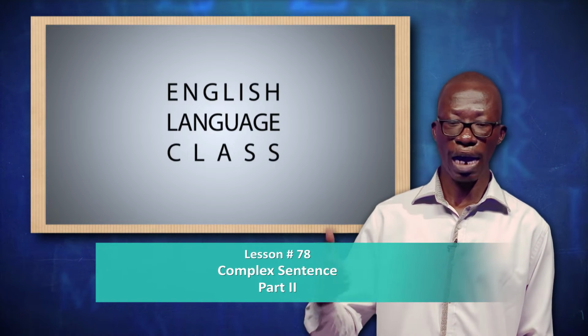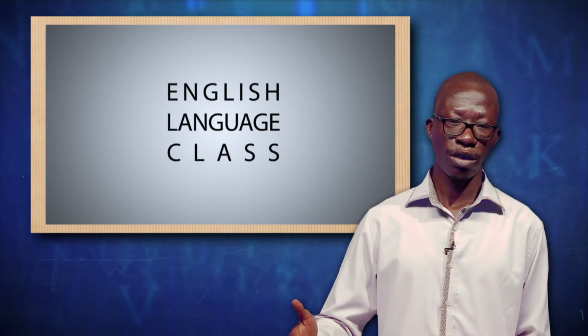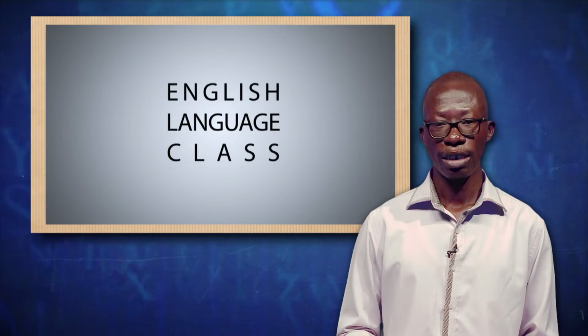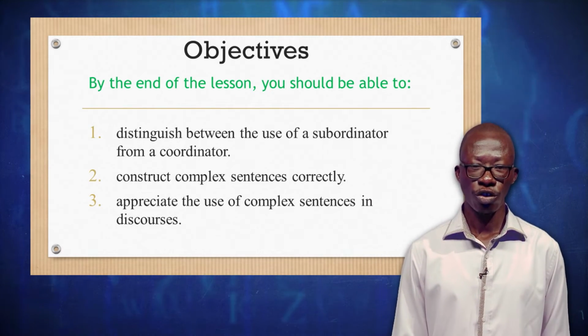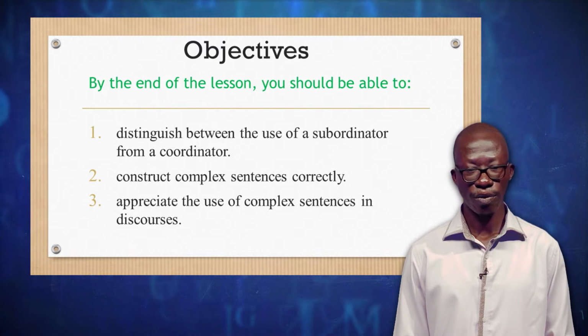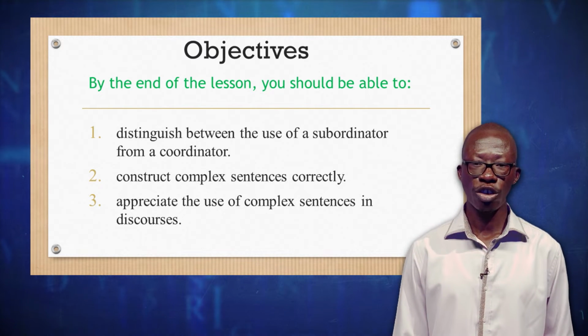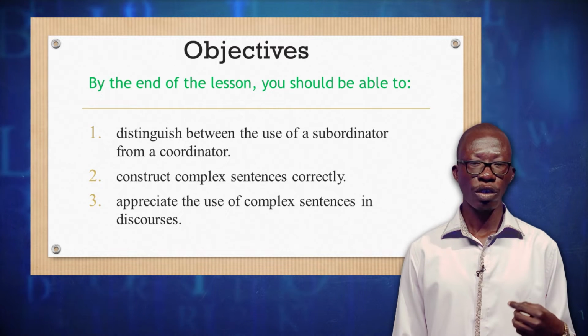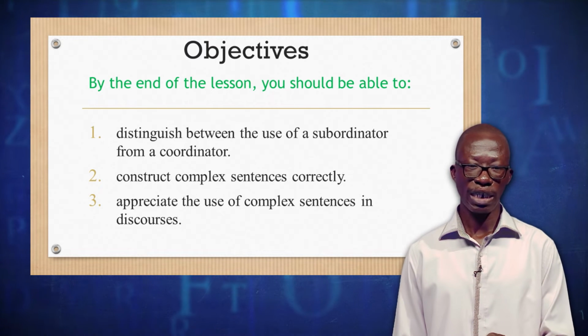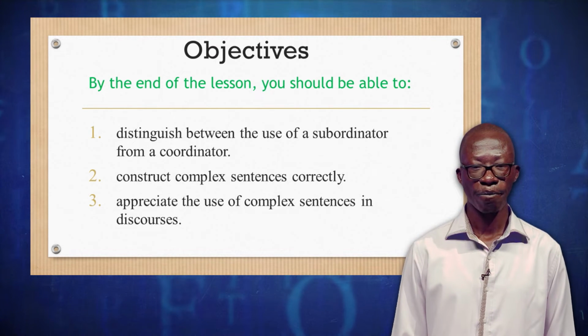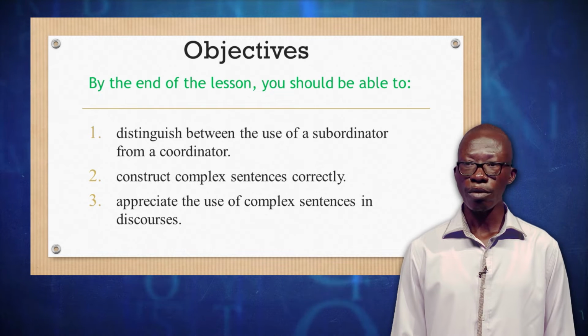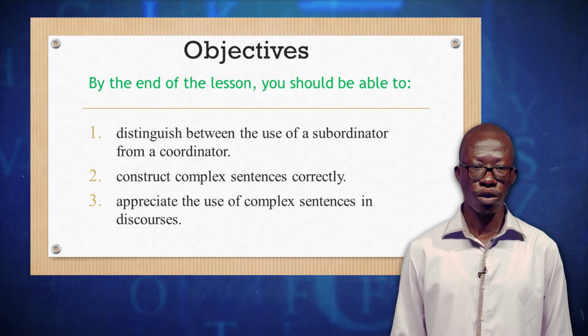Remember, we are building upon what we discussed in complex sentence the last time we met. Now let's go into today's lesson objectives. By the end of the lesson, you should be able to: 1. Distinguish between the use of a subordinator from a coordinator. 2.